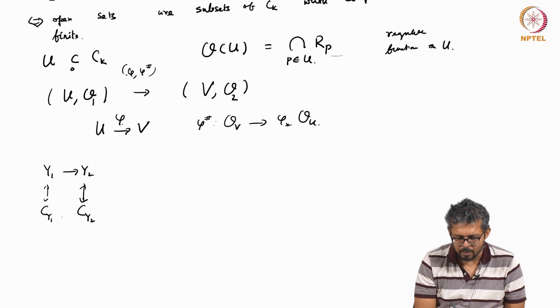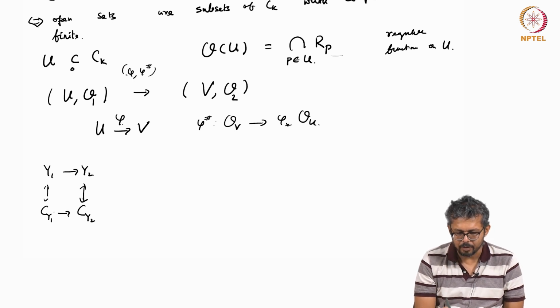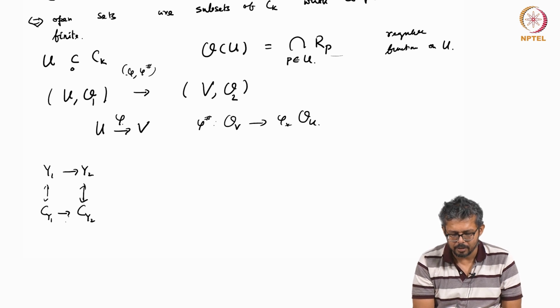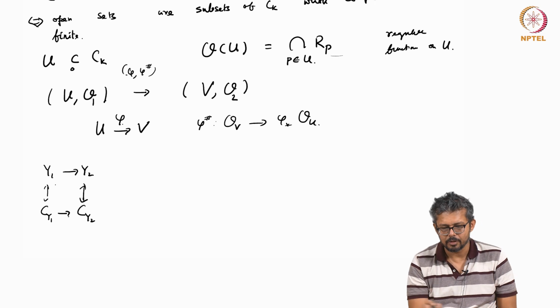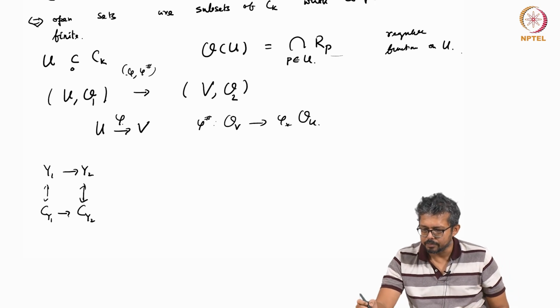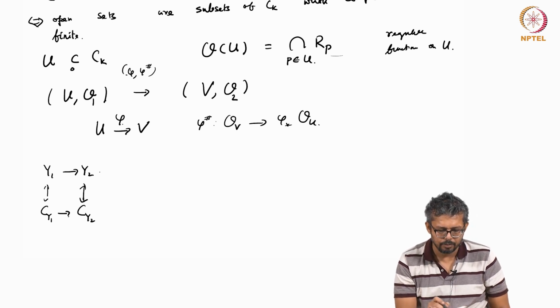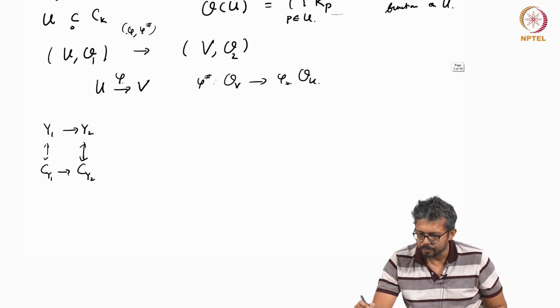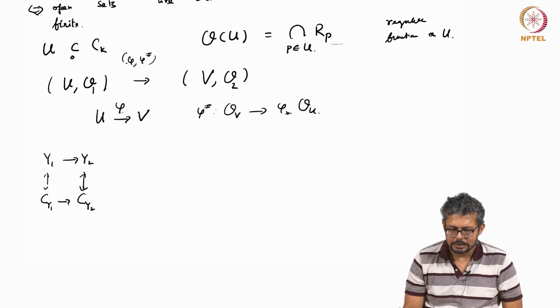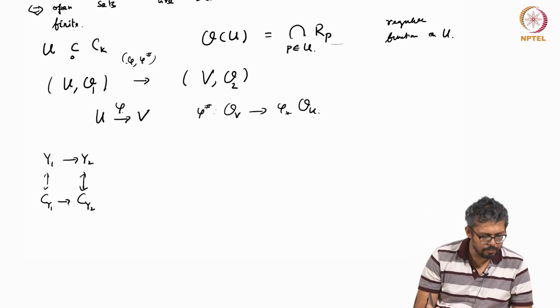Then this map will be continuous. If this is a morphism, then that is a morphism, and vice versa: if this is a morphism of abstract non-singular curves, then the other is a morphism. Of course, both Y1 and Y2 are in the function field K.